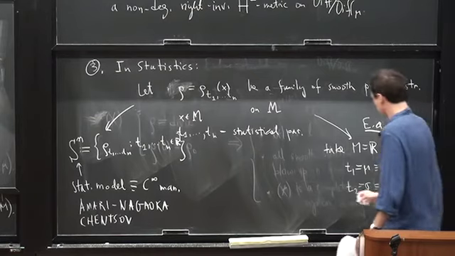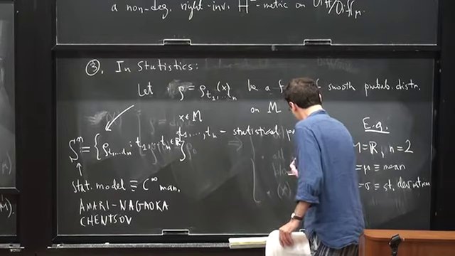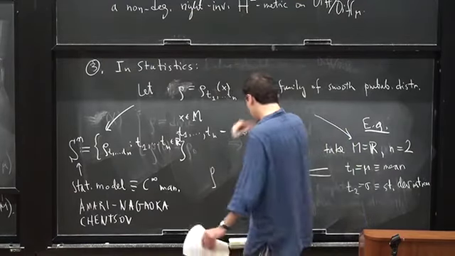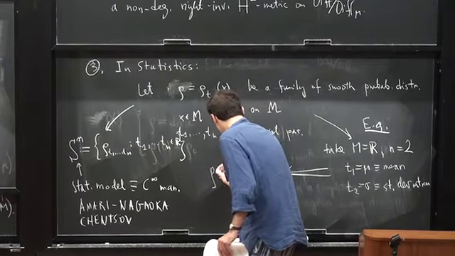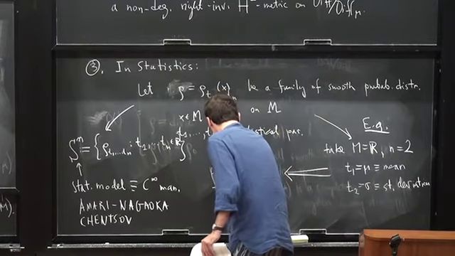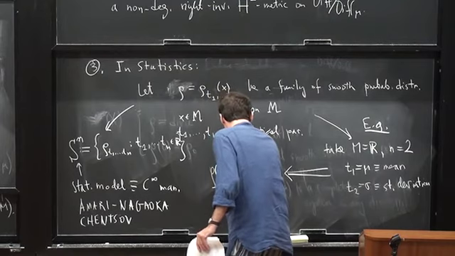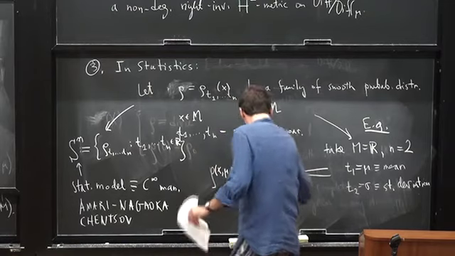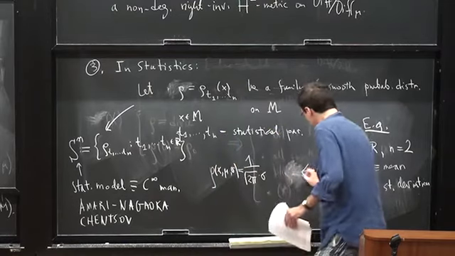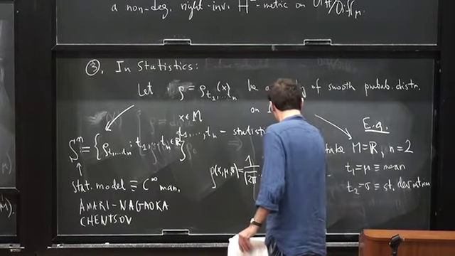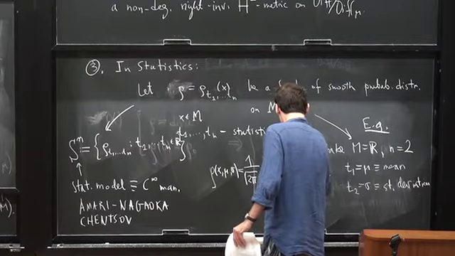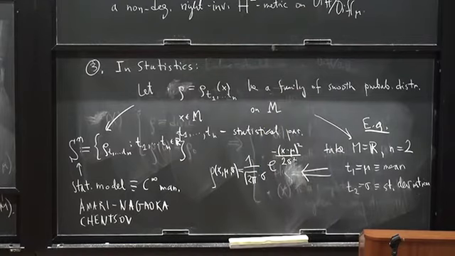Then one example of such a family would be given by the normal distribution: rho of x, mu, and sigma equals 1 divided by the square root of 2 pi times sigma, times e to the minus (x minus mu) squared over 2 sigma squared. So this is one example.